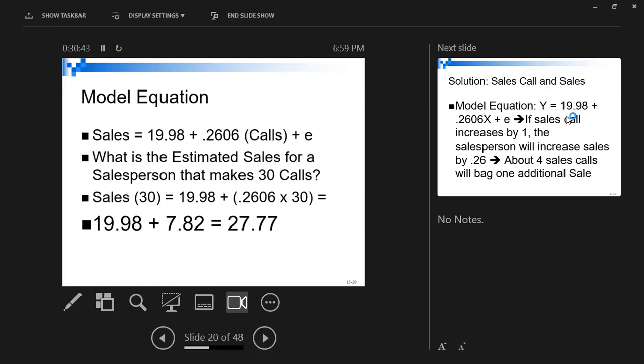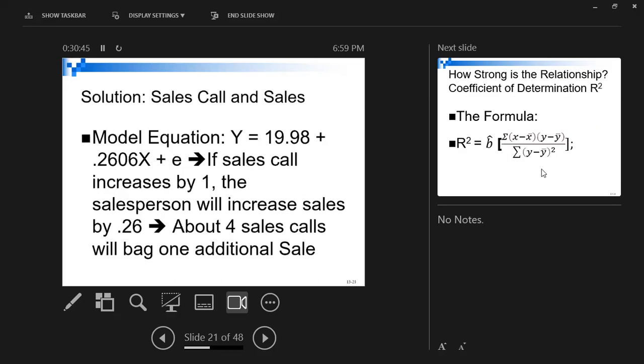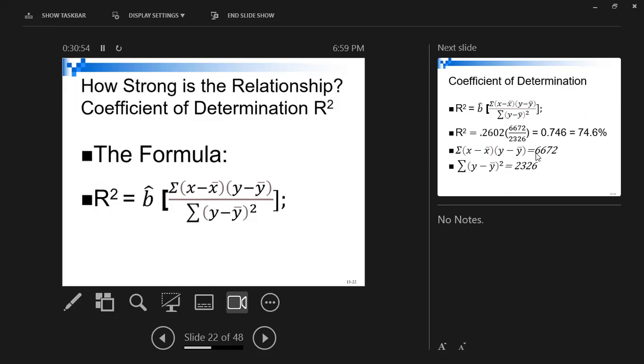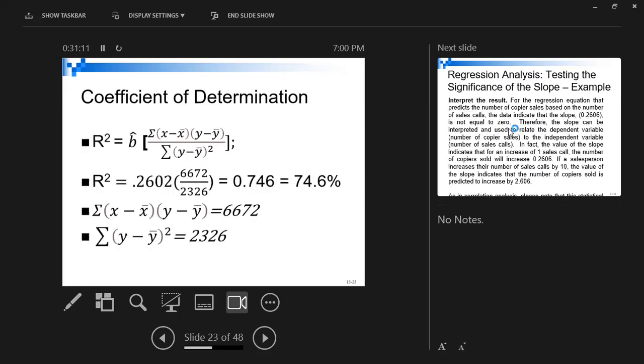All right. So now we ask ourselves, how strong is the relationship? That is the formula which we explained last week. R squared is equal to B hat times the expression there. We went through it last week in class, and we showed how to use Excel to do that calculation.